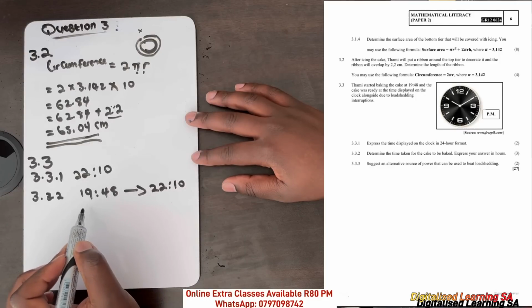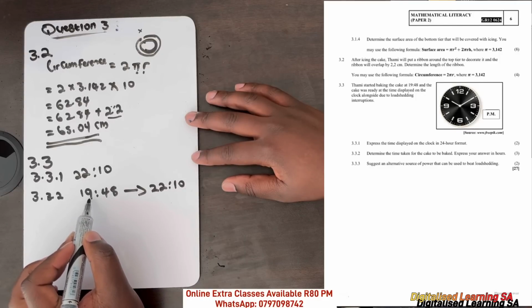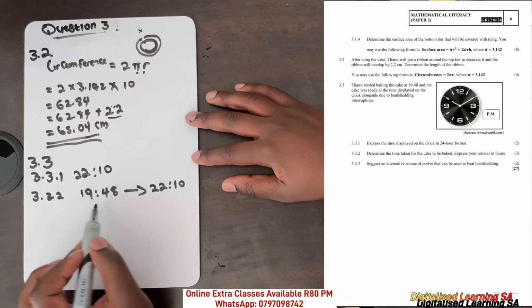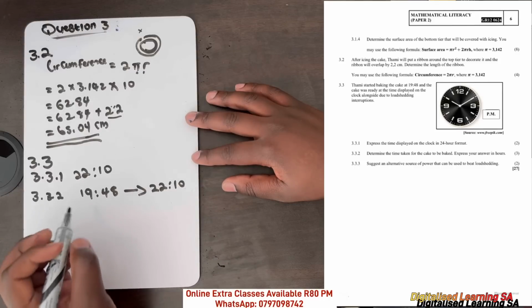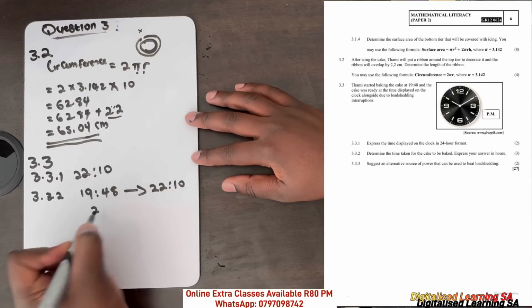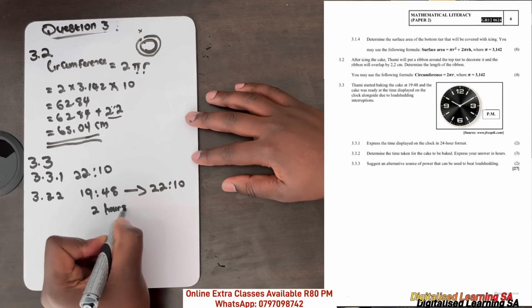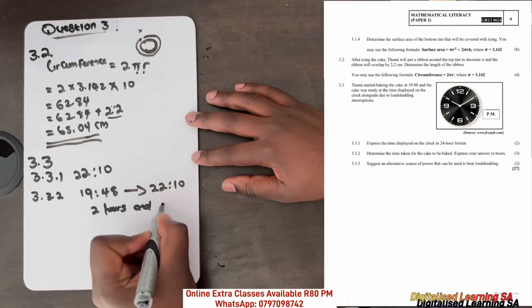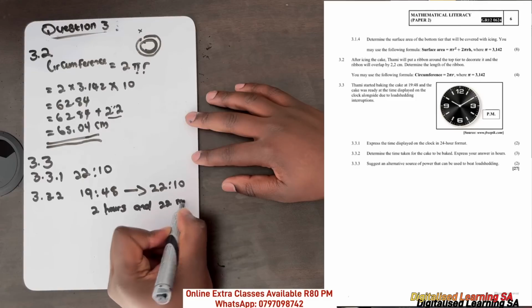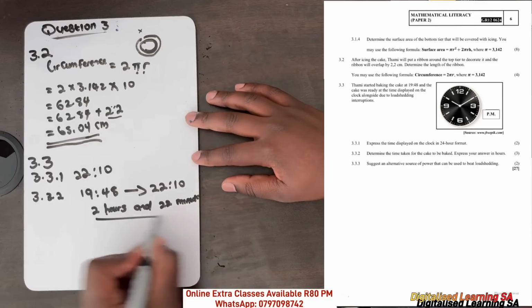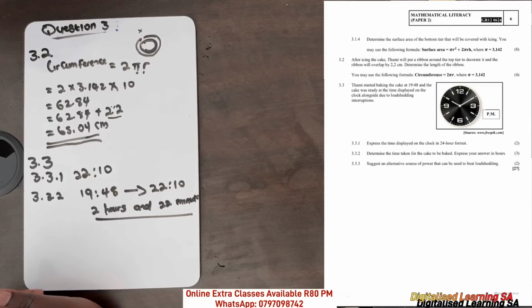If we calculate from 12 minutes to 8 to 10 past 10, we will see that Tammy took 2 hours and 22 minutes.